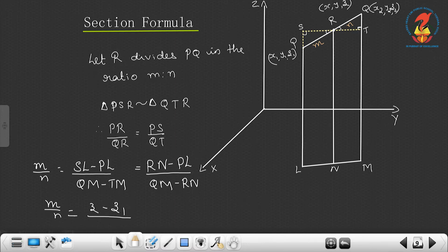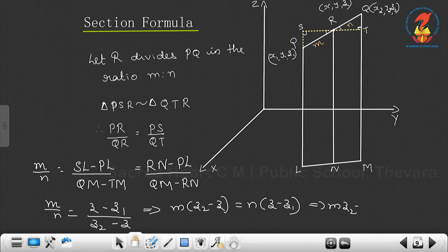That is the z coordinate of Q, that is z2, then RN is z. Now we have to cross multiply. So m into (z2 minus z) is equal to n into (z minus z1), which implies mz2 minus mz is equal to nz minus nz1.